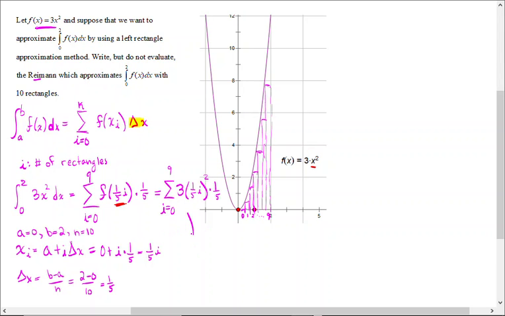And then finally, a little bit sloppy here, but bear with me, it is I equals 0 up to 9. 1/5 squared is 1/25. 1/25 times 1/5 is 1 over 125. So this is 3 over 125 I squared.